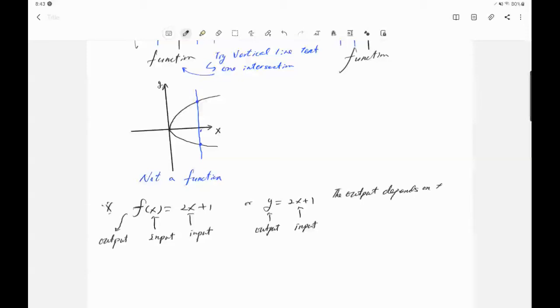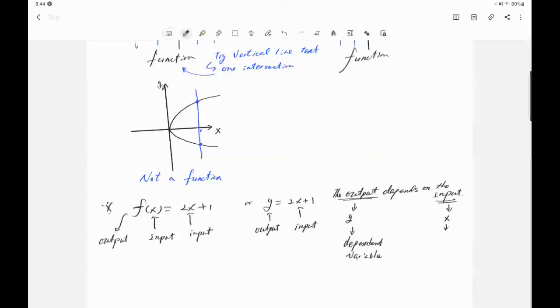It depends on the input. What do you mean by this? This means the output, which is y, and the input is the variable x. So y depends on the input. So y is the dependent variable.